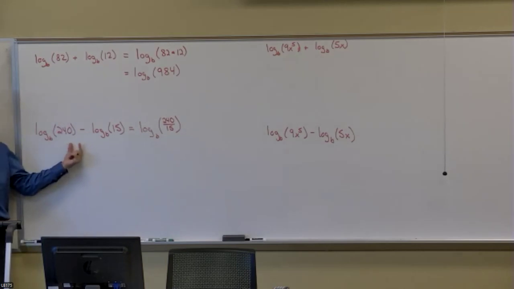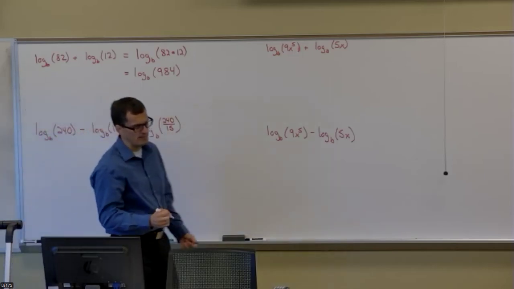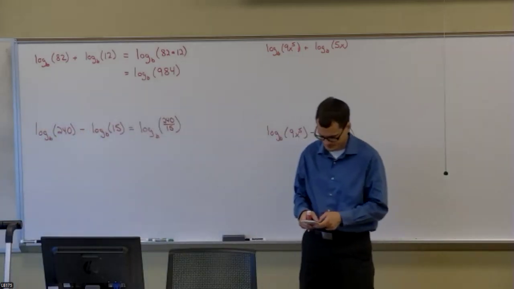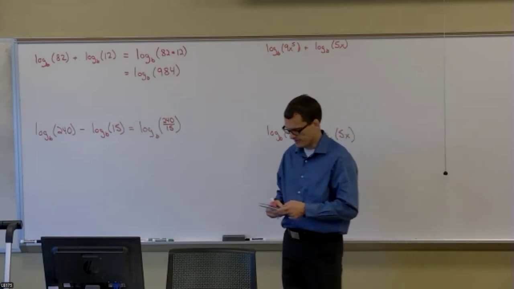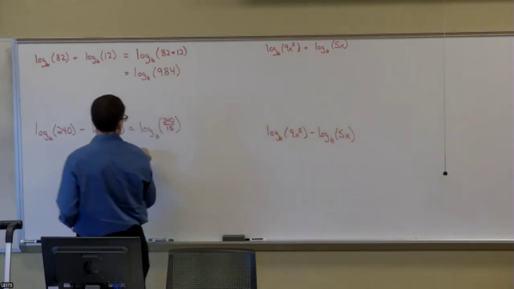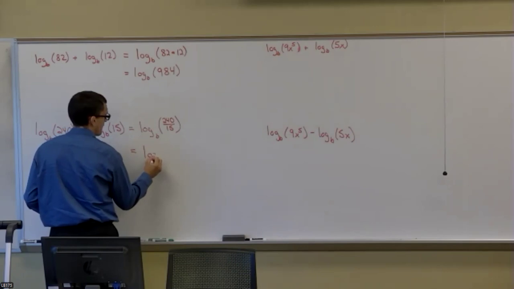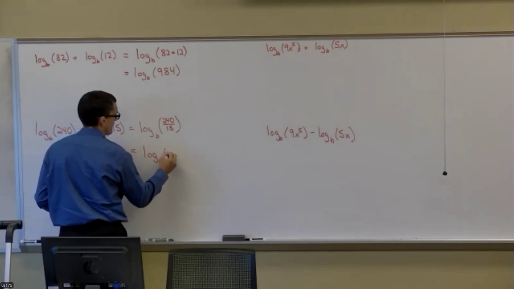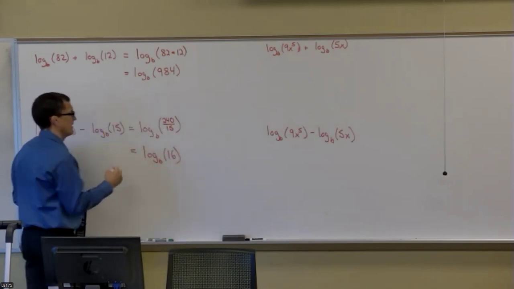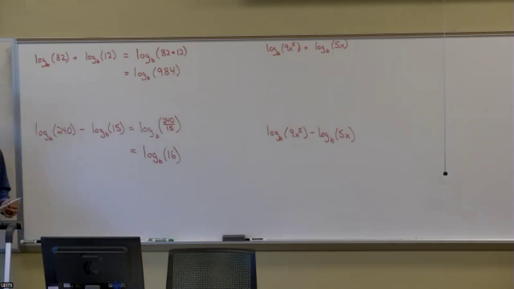Quotient rule, log base b of 240 minus log base b of 15. Tells me I can do that. 240 divided by 15. Nice number, 16 is what I get. So log base b of 16 is the correct answer.